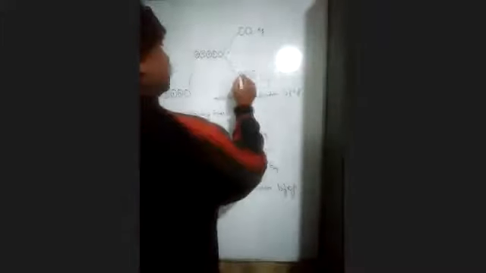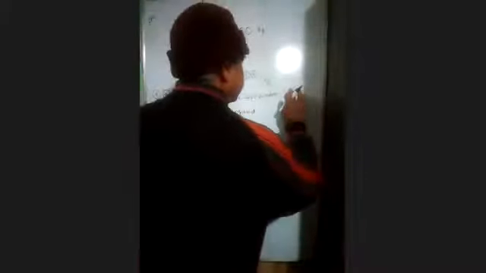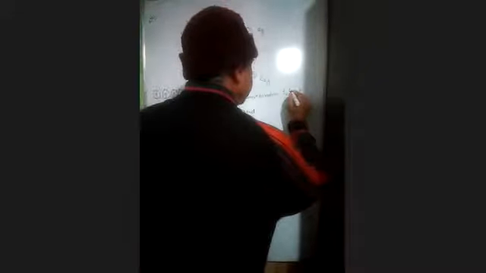Now what will happen to the 4th electron? Here the energy gap is more. As the energy gap is more, the 4th electron will go for pairing. The electronic configuration will be here. Crystal field splitting energy is more. Due to that, the 4th electron will go for pairing.